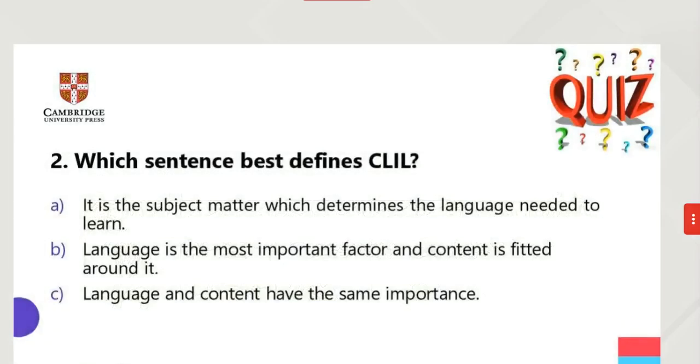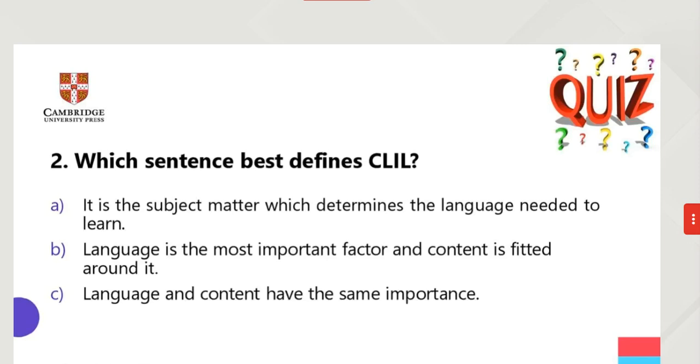So the next question, I have 3 sentences, and I do believe we have another poll here. Which sentence best defines CLIL? A, it is subject matter, which determines the language needed to learn. B, language is the most important factor and content is fitted around it. C, language and content have the same importance.